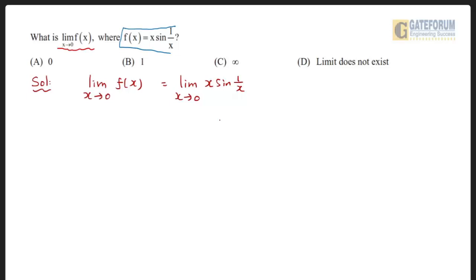Or you can take the substitution method also. Put 1 upon x is equal to theta, so that x is equal to 1 upon theta. As x approaches 0, theta approaches 1 upon 0, that is infinity.